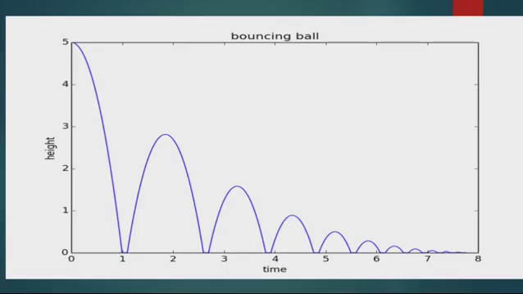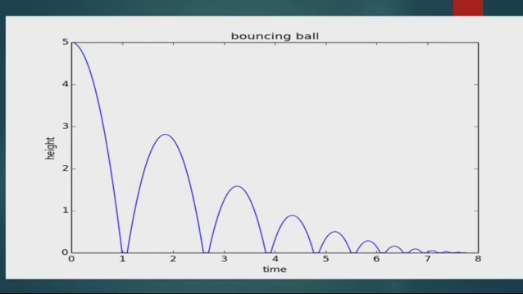bouncing balls. So this is the position versus time graph for a bouncing ball. It looks similar to the position versus time graph of a simple projectile motion, but as it hits the ground, it then gets projected upwards. And you'll notice that the bounce at each projection is slightly less than the previous one.